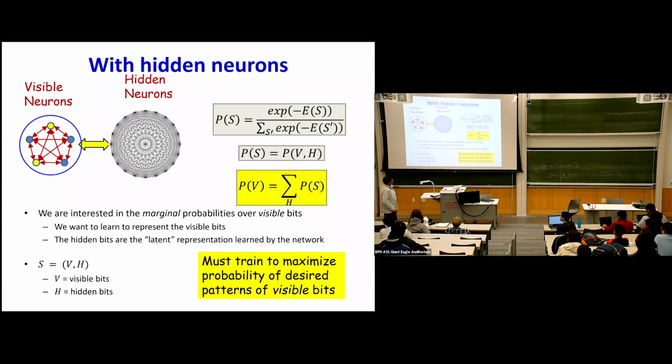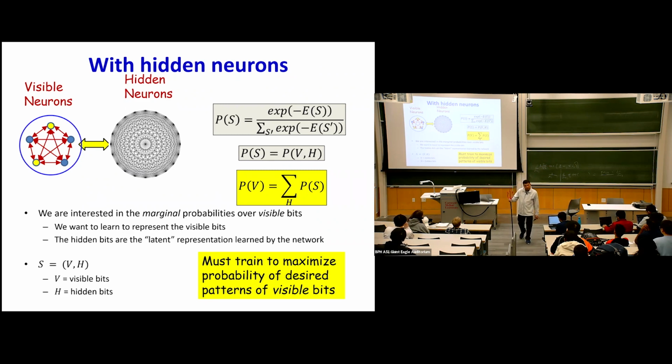And so I must maximize the probability P of V, which is given by summing over all possible hidden patterns, right? So the probability of any visible pattern is going to be summing over all possible hidden patterns.